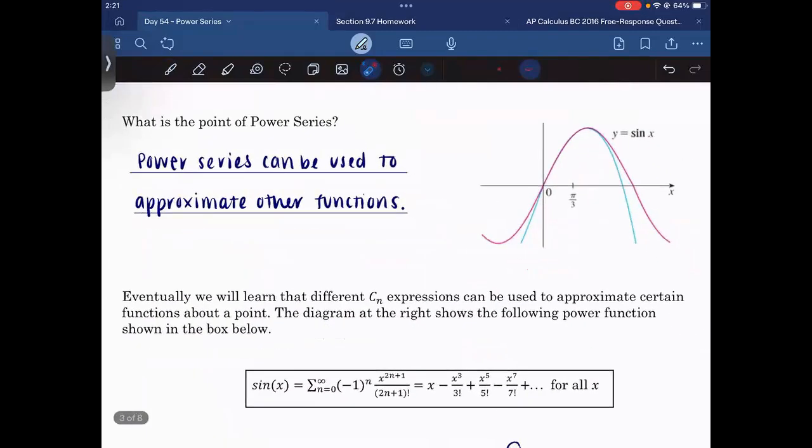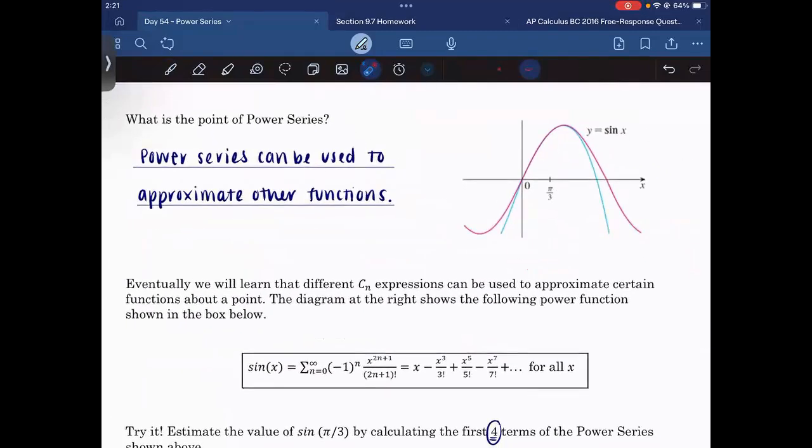Okay, so what's the point of power series? Power series can be used to approximate other functions. We're going to see it's going to get really close to, like, this is our parabola here and our sine curve. We're going to use this parabola right here to get really, really close to that and approximate right about here is kind of where it's going to converge, and then it'll diverge. It'll go away from the original function.